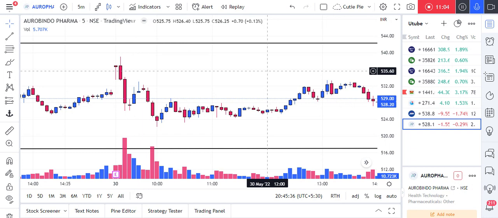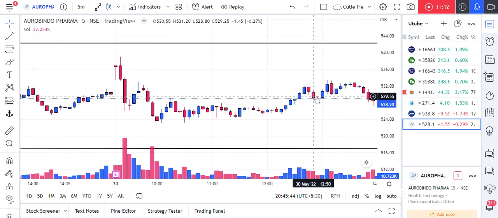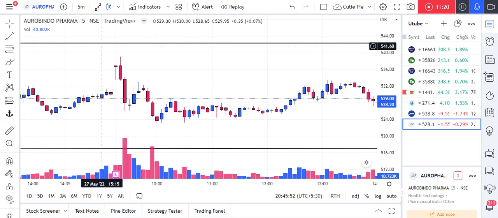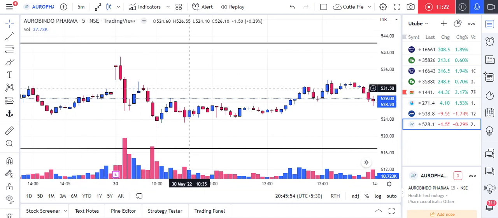Okay, so I have taken a few examples and hope you're clear about when to take entry, when not to, and when you have to avoid it if there is no strong trade setup. Like today, there is no trade setup in Aarti Pharma.